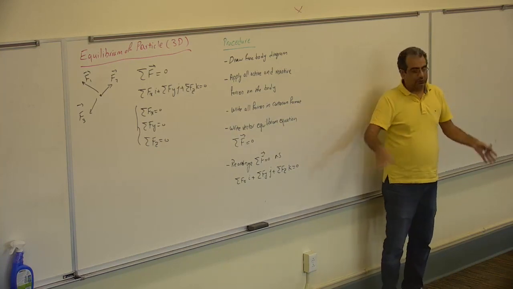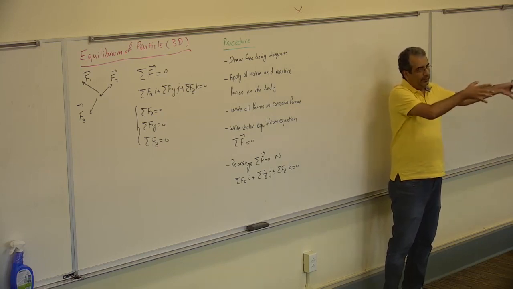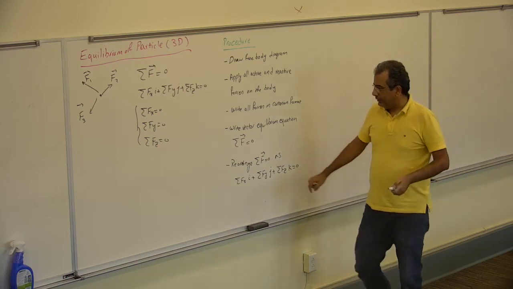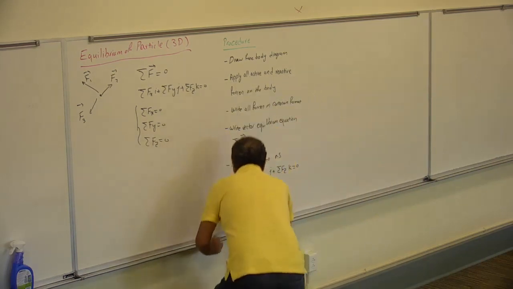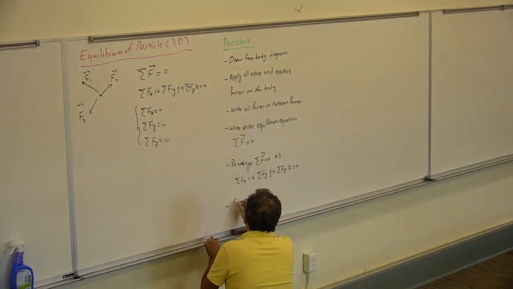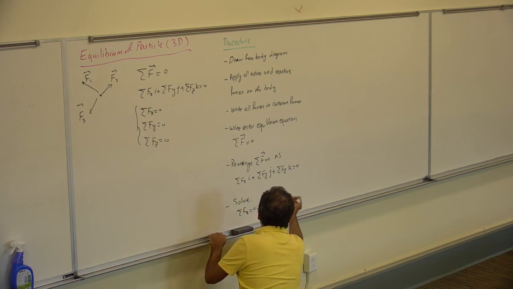So go put all the i's together, all the j's together, all the k's together. When you get to that point, the last step is to solve sigma Fx = 0, sigma Fy = 0, sigma Fz = 0.